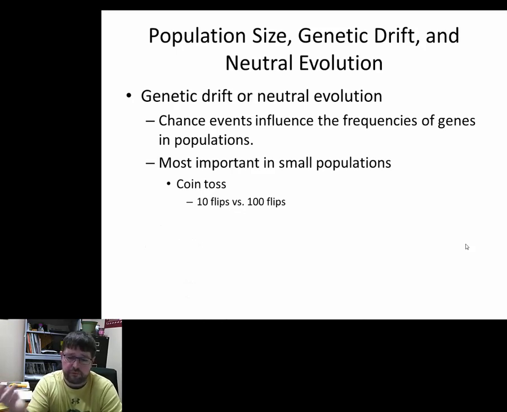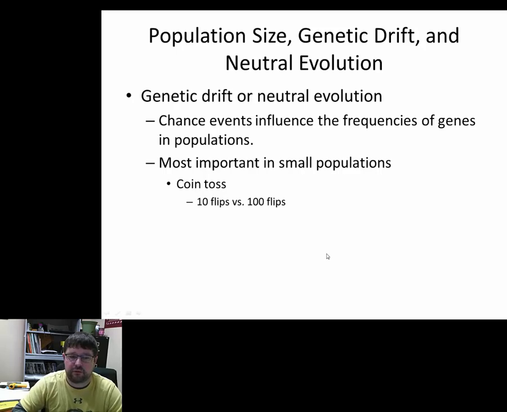If you take a fair coin, a quarter, heads, tails, you would expect, if you flipped it 10 times, to get 5 heads and 5 tails. Now, that's the probability. But because you're flipping it only 10 times, the chance of a freak event, or the chance of an anomaly to the 5 and 5 is much greater than if you flip it 100 times.